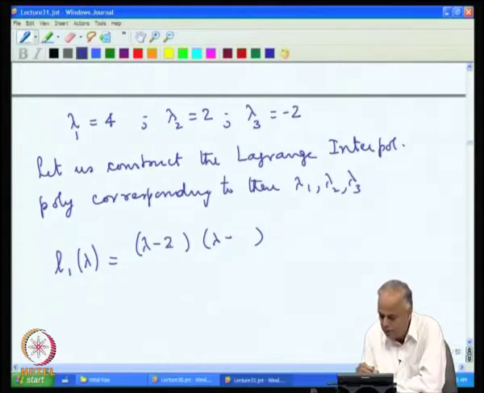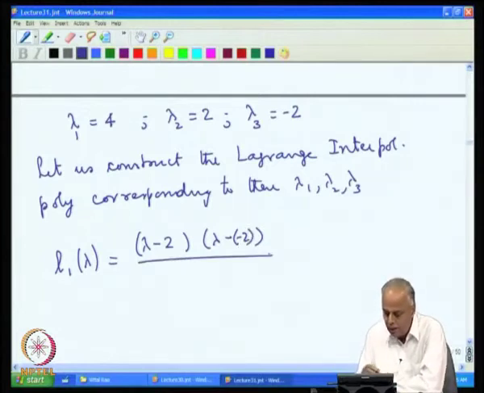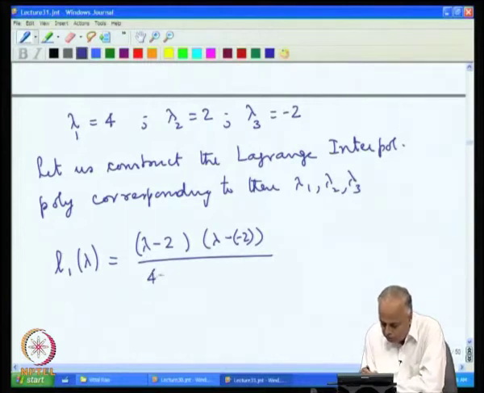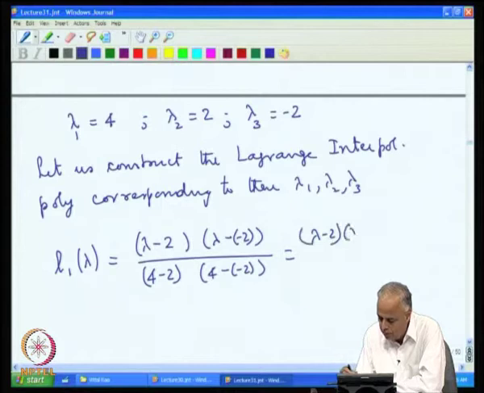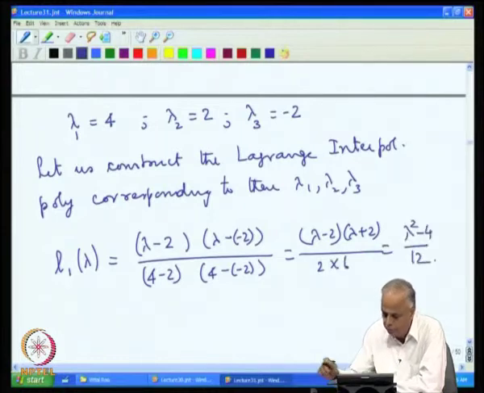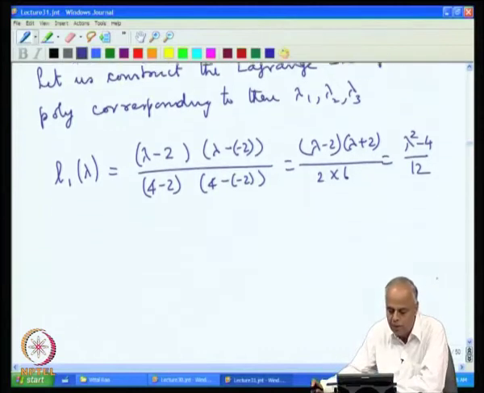So lambda minus 2 into lambda plus 2, and then divide it by evaluating the numerator at the first eigenvalue. So it will be 4 minus 2 into 4 plus 2, which is lambda minus 2 into lambda plus 2 divided by 2 into 6, which is lambda squared minus 4 by 12. So that is the first Lagrange polynomial.